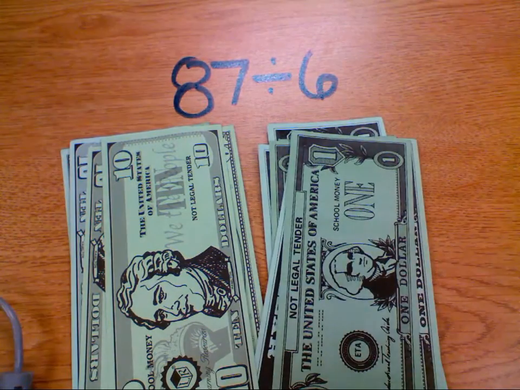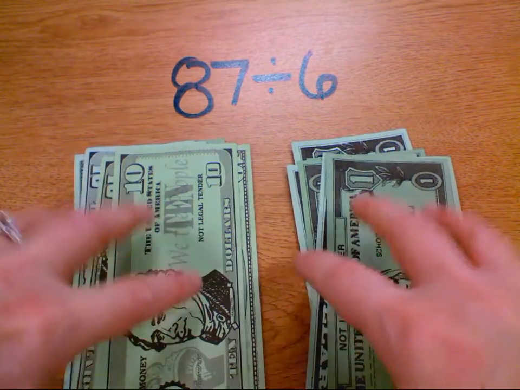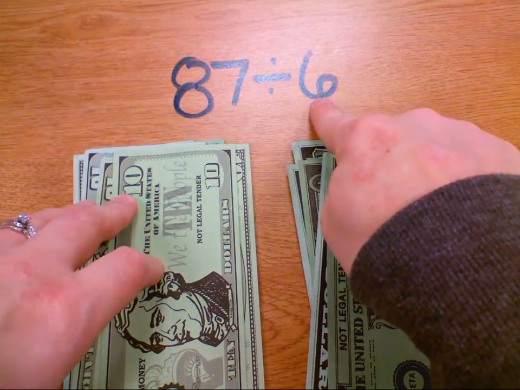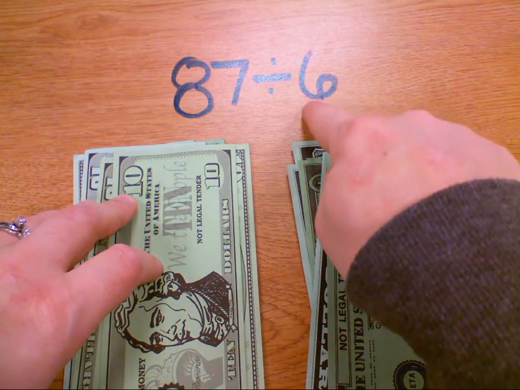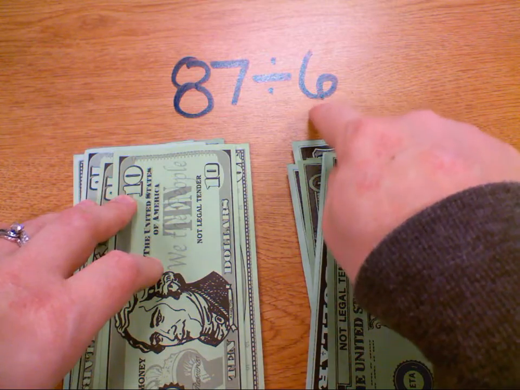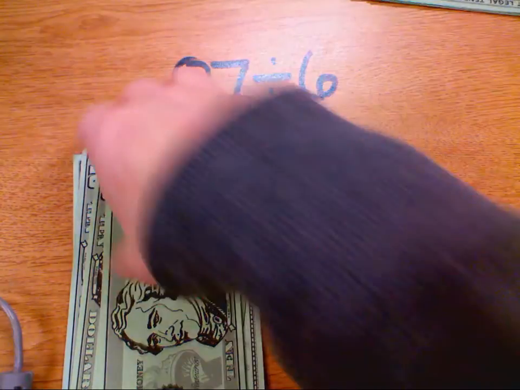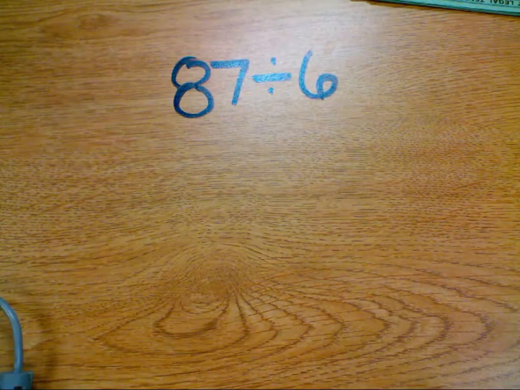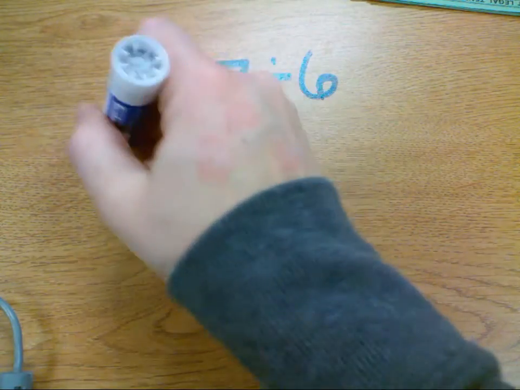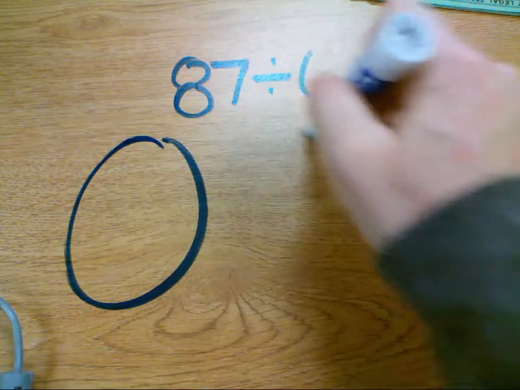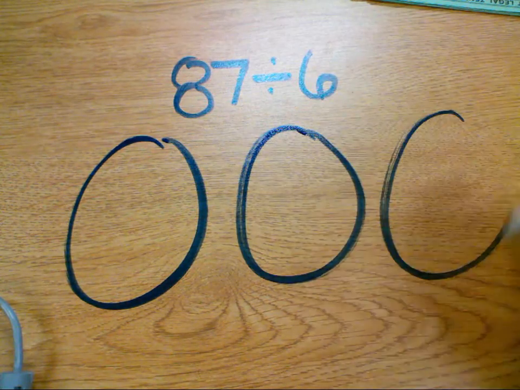Okay, so I'm going to be starting with my tens. I am going to divide my tens into my 6 groups that are represented here as my divisor. Okay, so I'm just going to move my ones off to the side, and I'm going to divide my tens into 6 groups. So I'm going to go ahead and just make 6 groups here to represent my 6 groups.